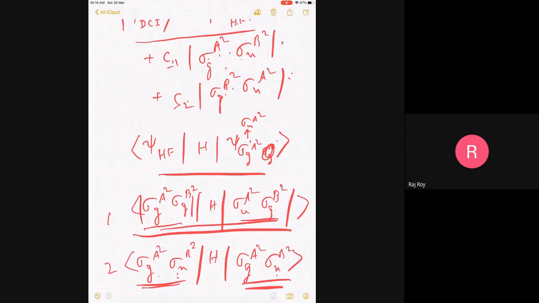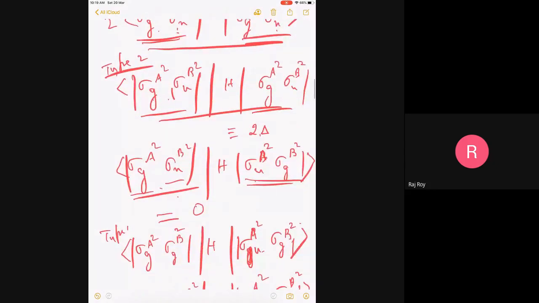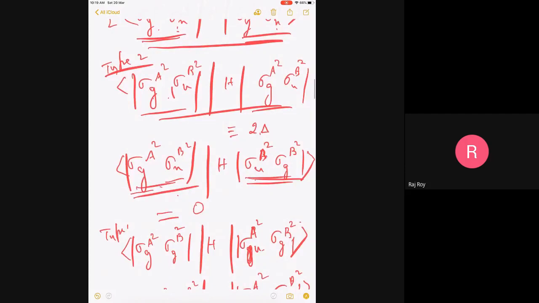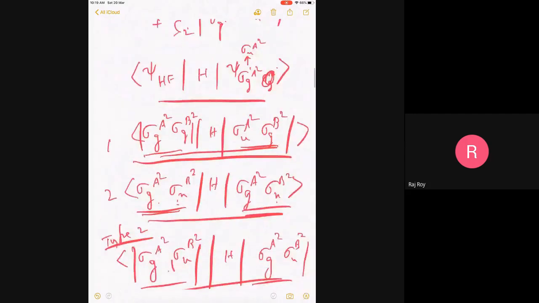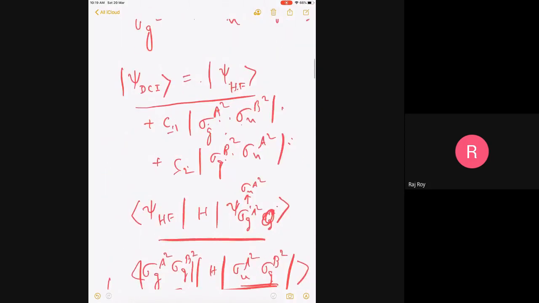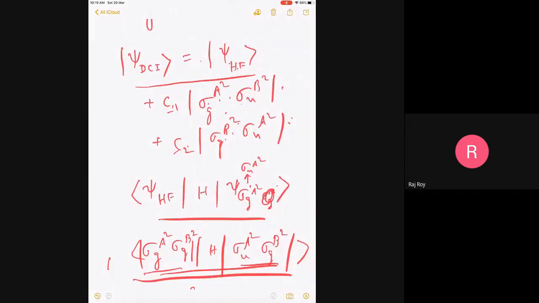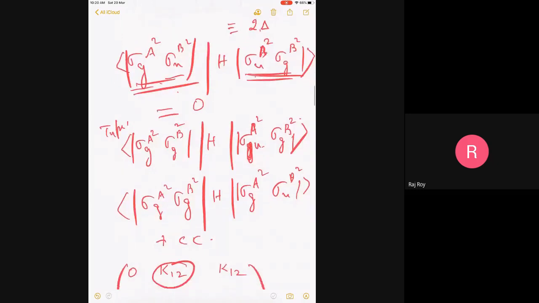And there we said that if it is diagonal, then it will be K12. That one, the same doubly excited on both sides. That is what I mean by diagonal. And if it is off diagonal, that is one doubly excited here with another doubly excited, that will actually be four excitations. So four spin orbital differences, so that will become 0.